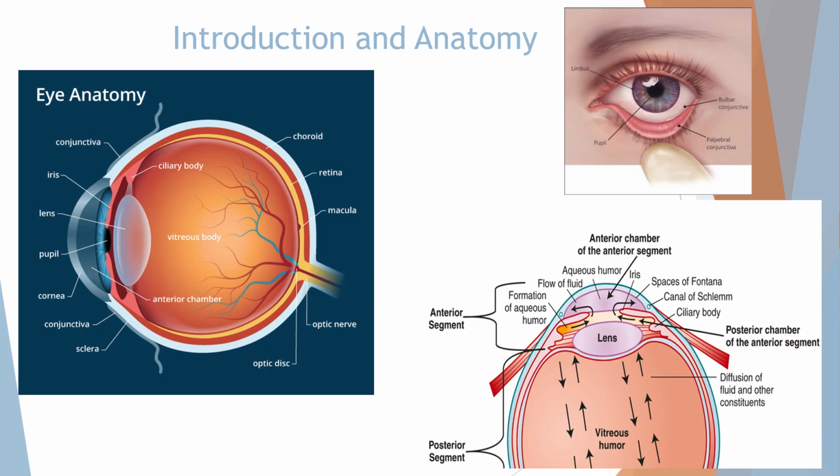Any type of UV light exposure increases your risk of cataracts and any type of eye diseases. Wearing sunglasses, avoiding tanning salons, but if they end up going, they need to wear eye covers. Occupational exposure.